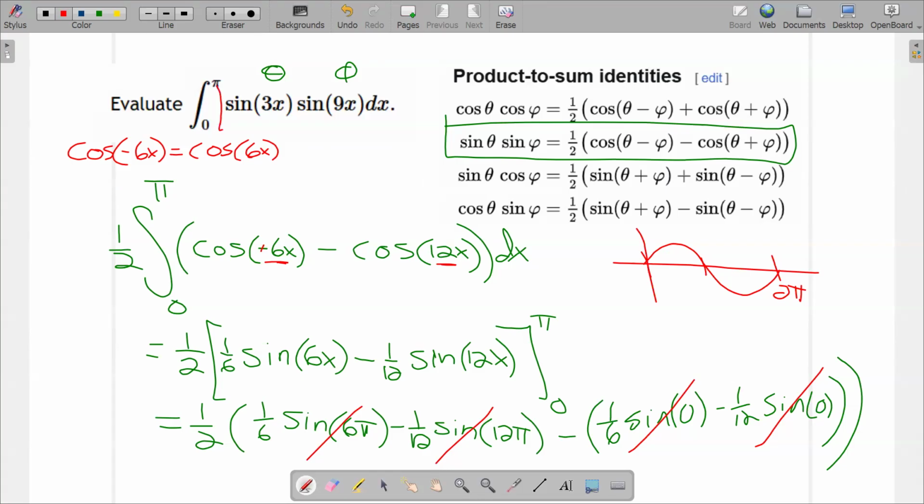If we look at this function right here, we should see that its ups and downs balance each other out on the interval from 0 to pi. So let's just take a peek and look at it graphically to see that that's going to happen.